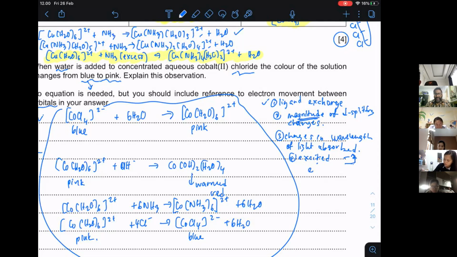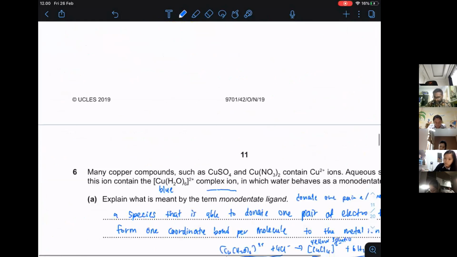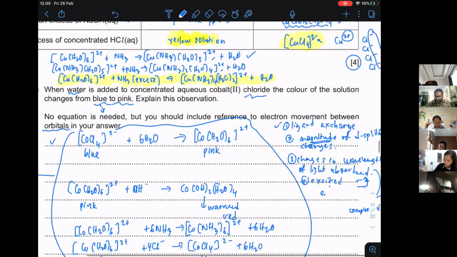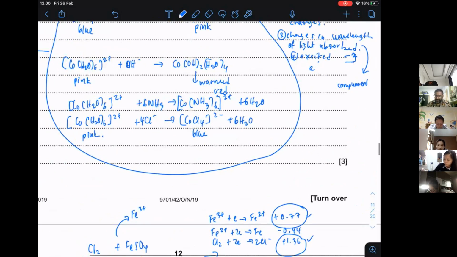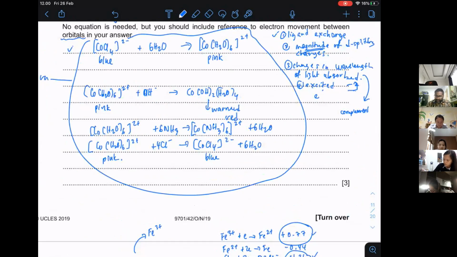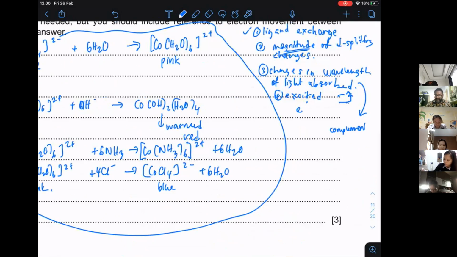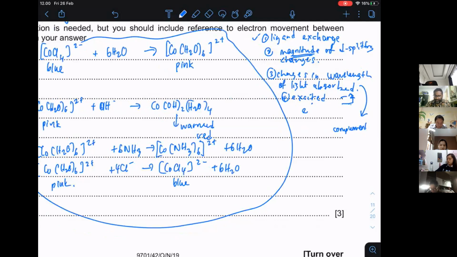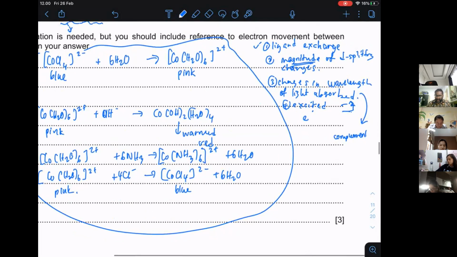So that is going to give you a complementary color to the light, after passing through the sample. So because of that, you are going to have a different color.